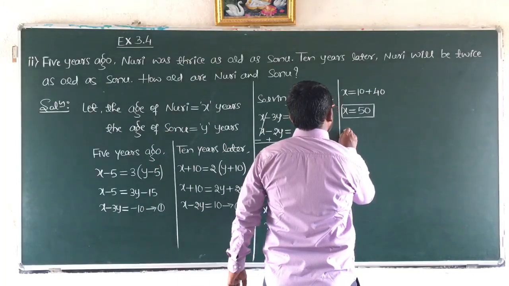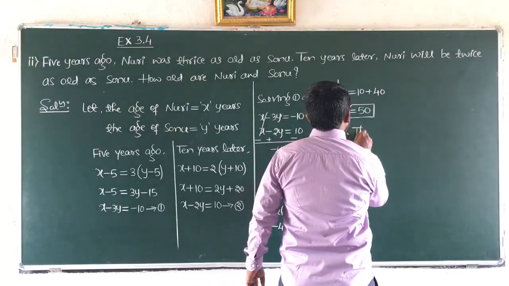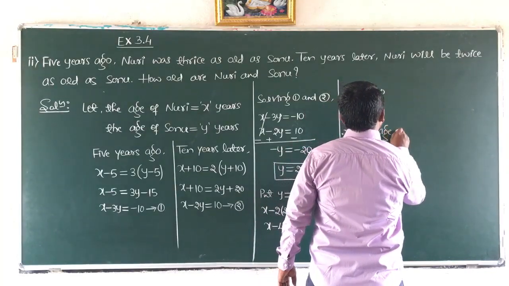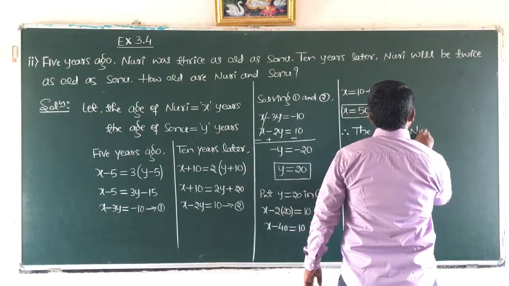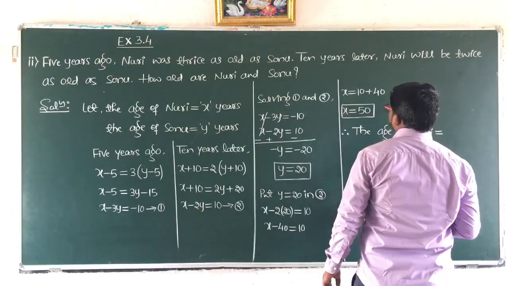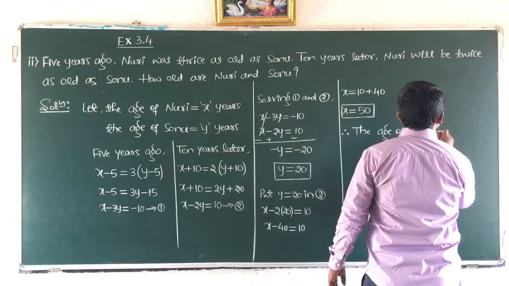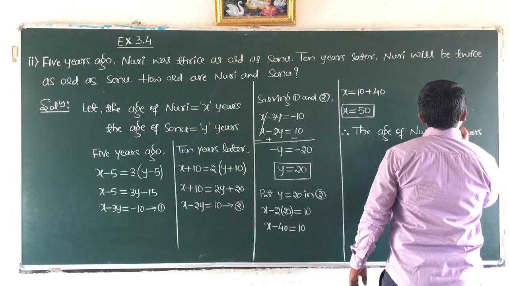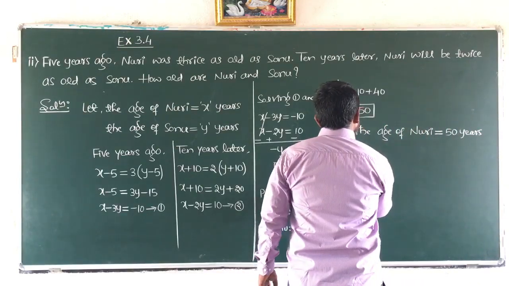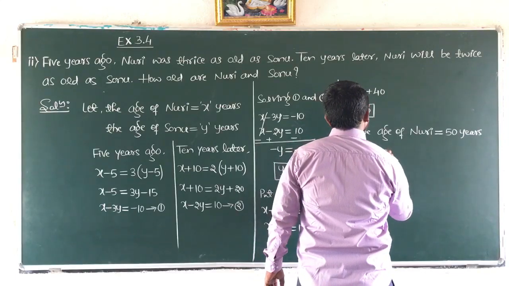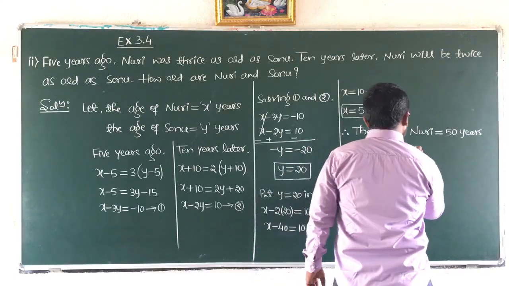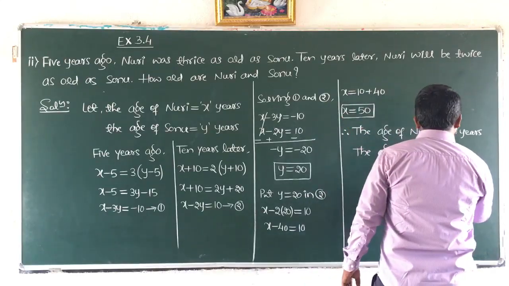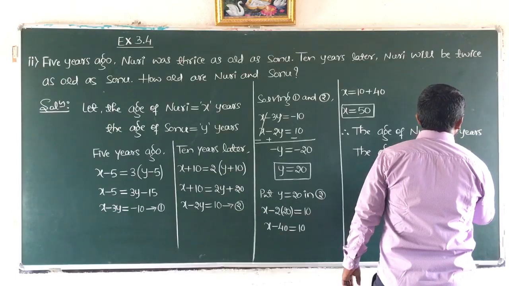Therefore the age of Noori is equal to 50 years, and the age of Sonu is equal to 20 years.